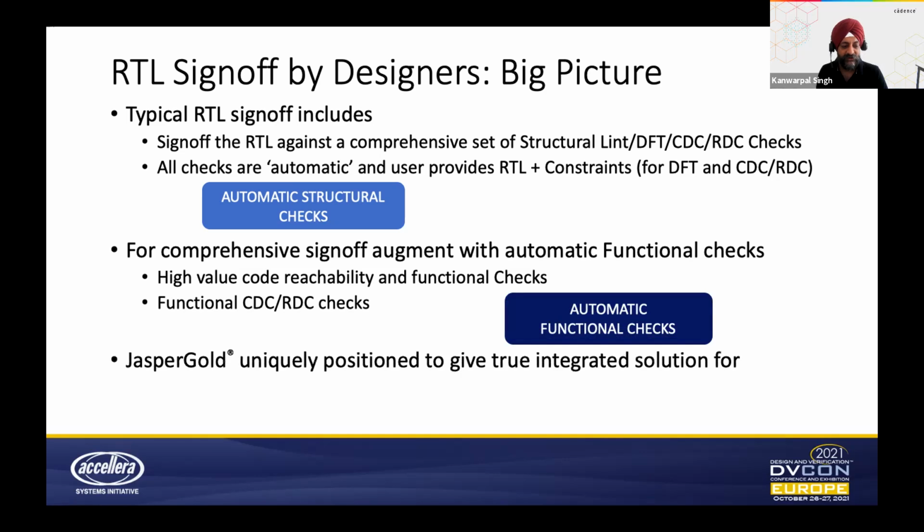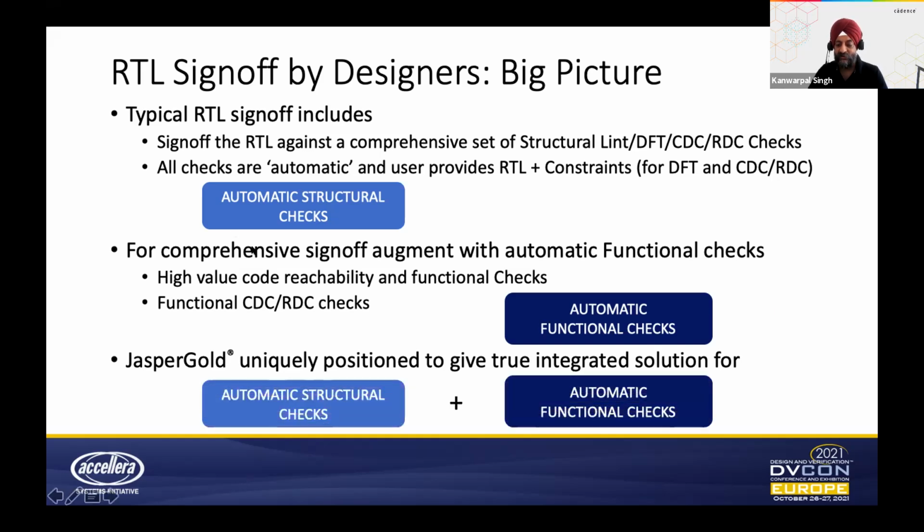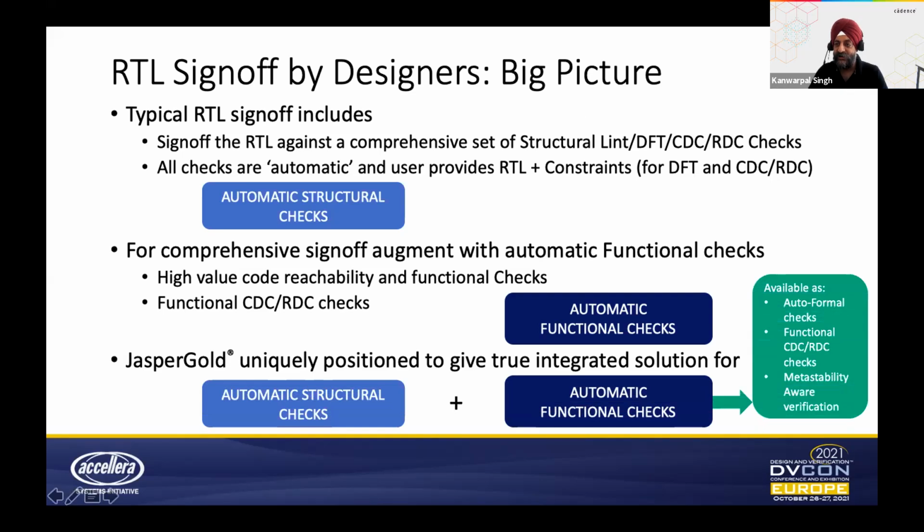JasperGold is uniquely positioned to give a truly integrated solution for both structural checks and the automatic functional checks. These automatic functional checks are manifested as autoformal checks in the JasperGold Superlint application. We'll talk about that.